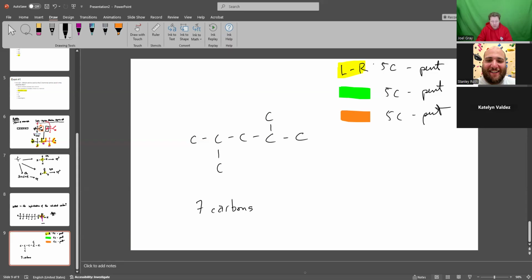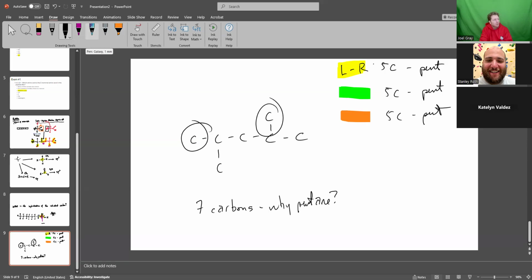Sorry, because it has 7 carbons. Why pentane? And the reason for that is this group right here, and I'm just randomly selecting these. I'm going to select that group and that group. Those are branches, is what we commonly refer to them as. Those are kind of branch points from this.